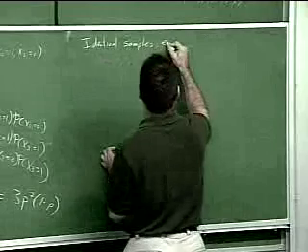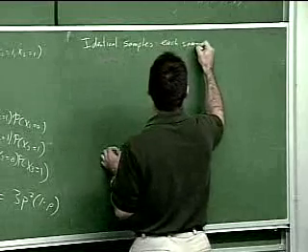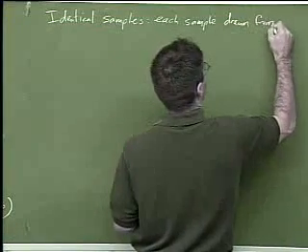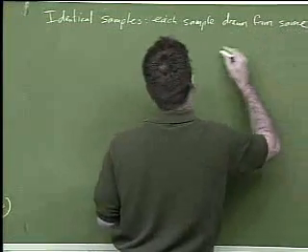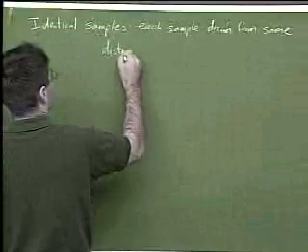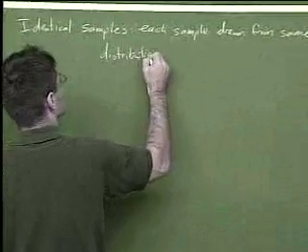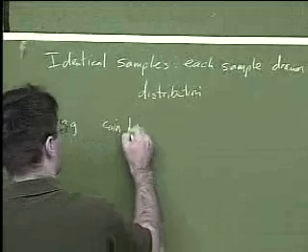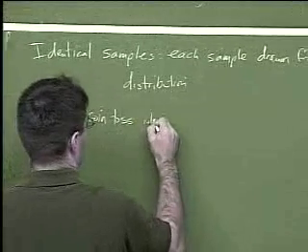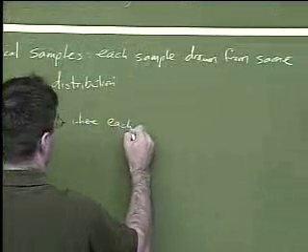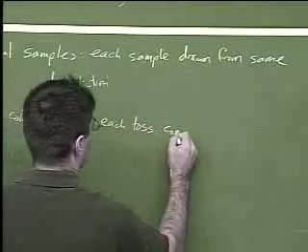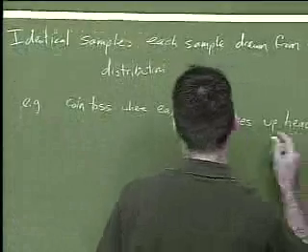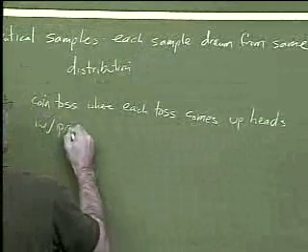Identical means that each sample is drawn from the same distribution. For example, a coin toss, where each toss comes up heads with probability p.